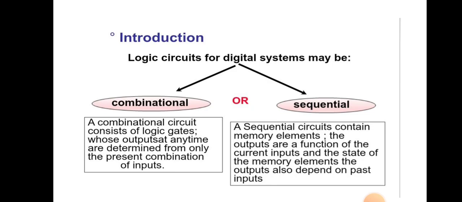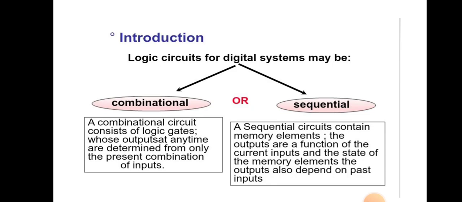In easy language, a combinational circuit is a combination of different basic logic gates used to design a particular logic circuit, and the important thing is that there is no memory element present in it.